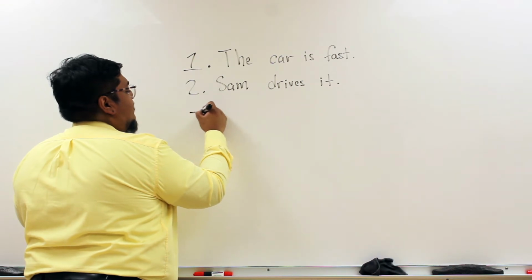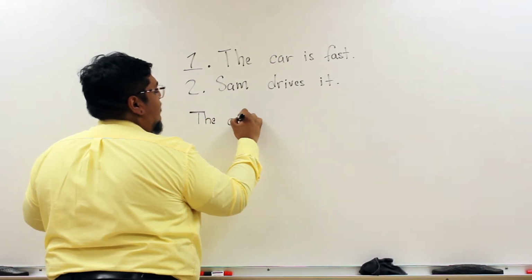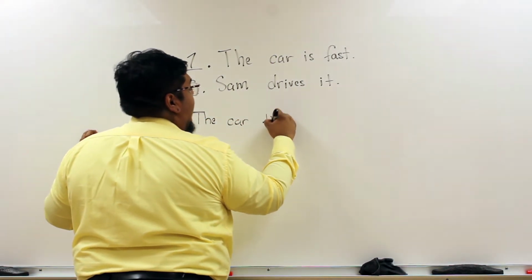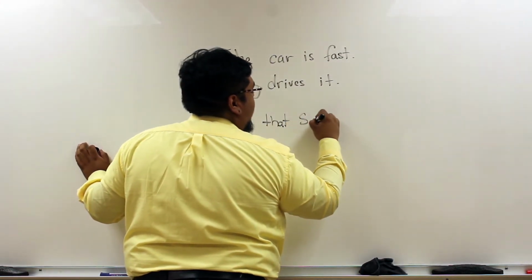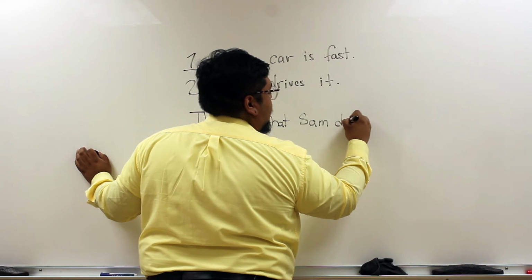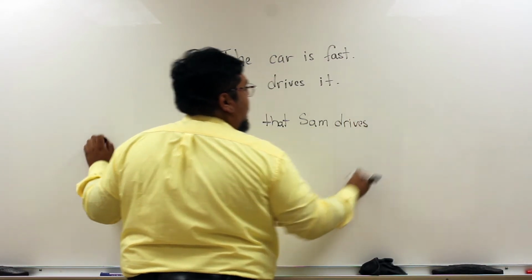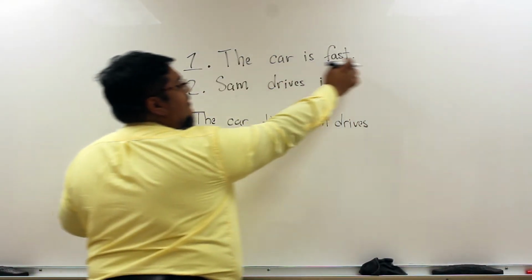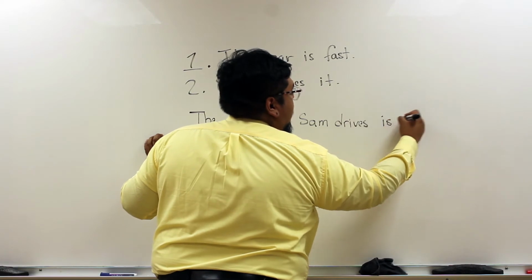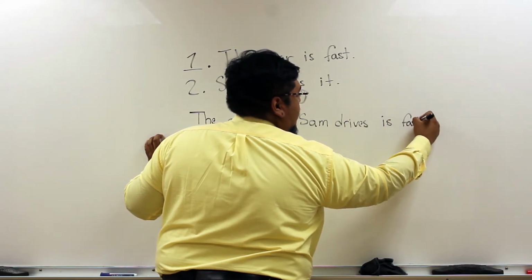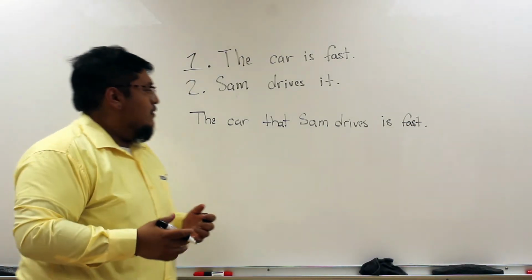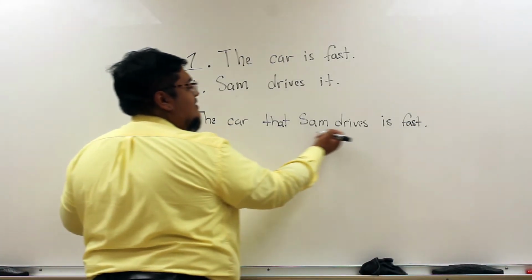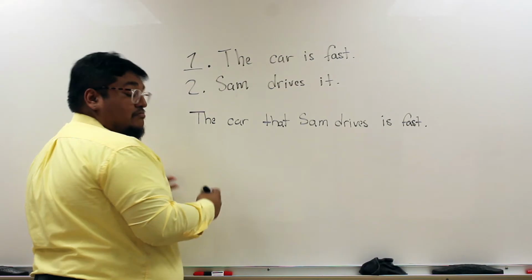When we're talking about it, we're talking about the car. Okay, so now we have to say the car that Sam drives is fast. Okay? So, now, the car that Sam drives is fast.